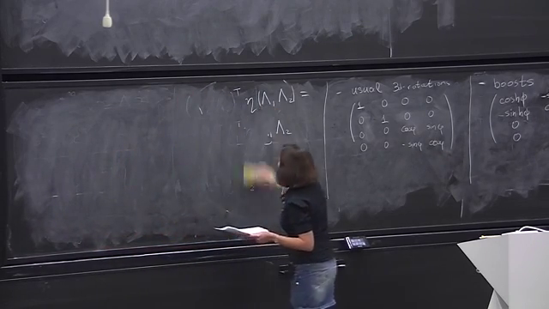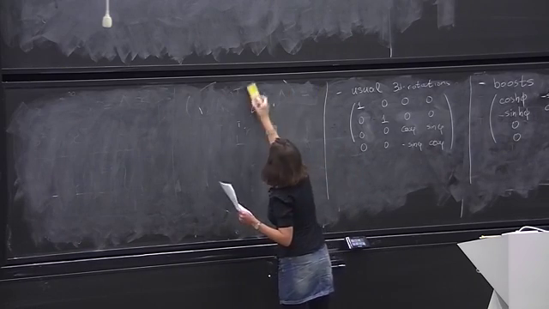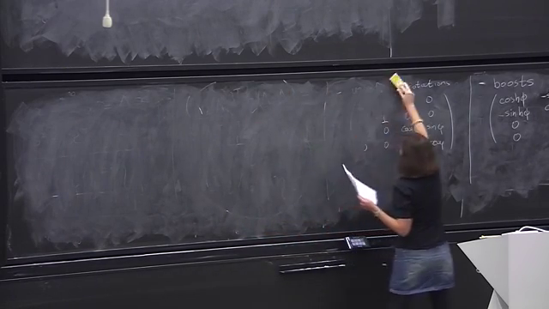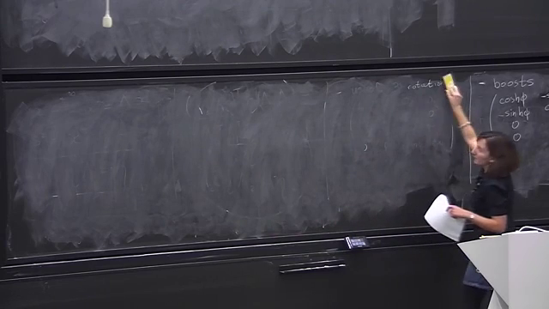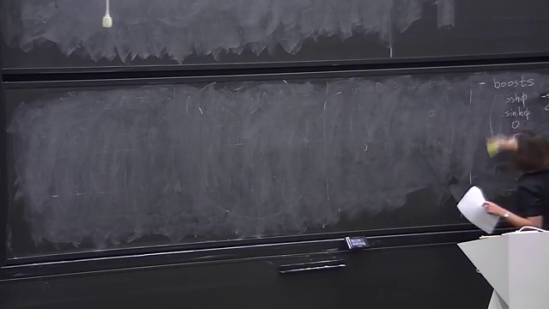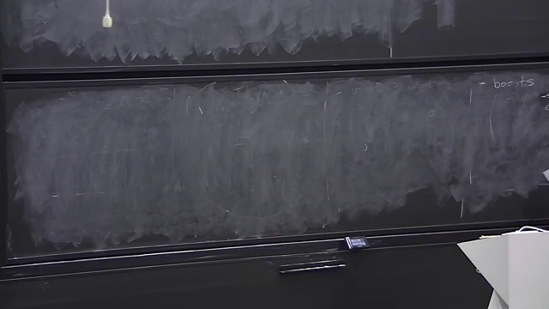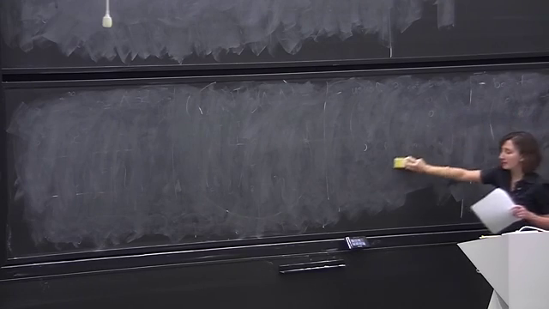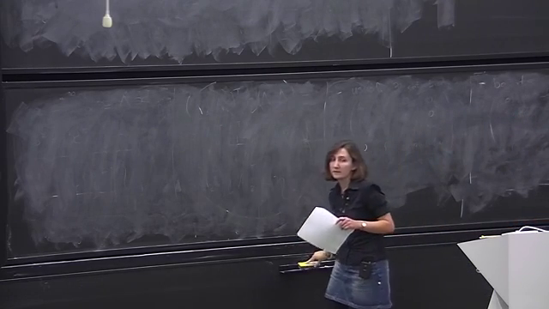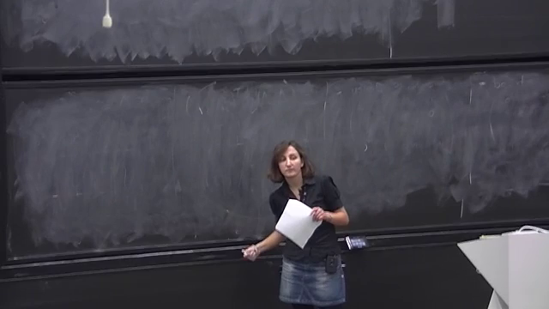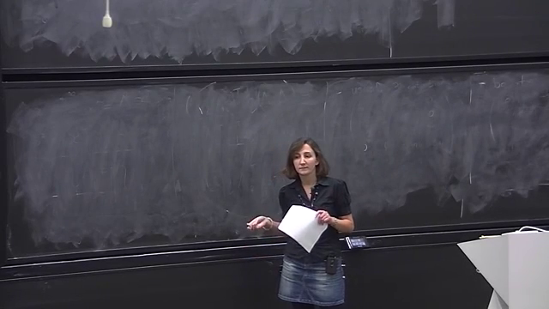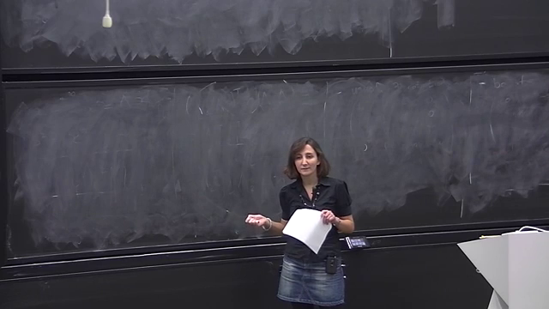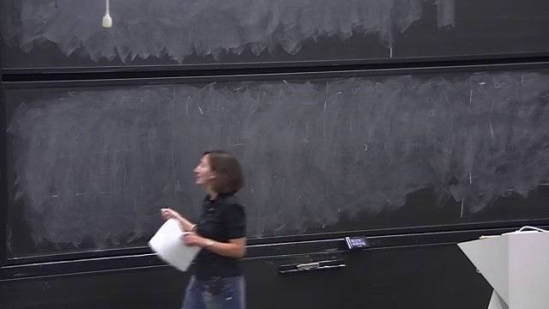For example, if we take a specific curve in our space-time, this can be parameterized by how many parameters? How many parameters do I need to parameterize a curve? 1, okay.